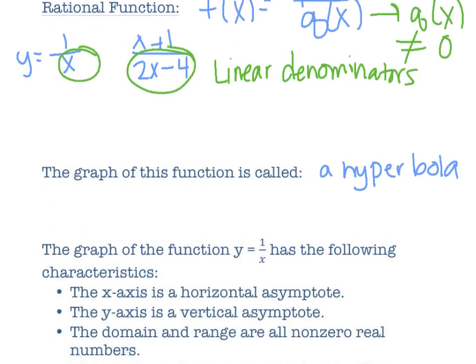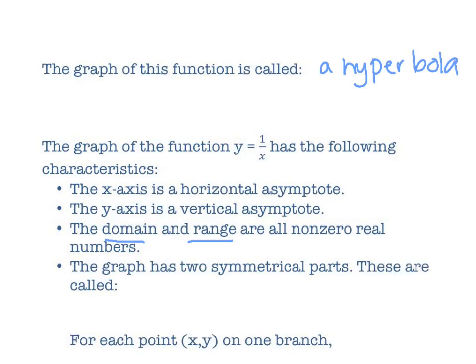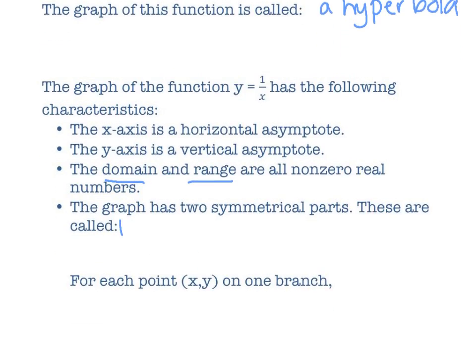And if we're just talking about that graph of y equals 1 over x without any kind of transformations, it has the following characteristics, and these are right on your notes. The x-axis is a horizontal asymptote, and the y-axis is a vertical asymptote. Also, the domain and the range are both all non-zero real numbers, and that's again until we start to do some transformations. And the graph has 2 symmetrical parts, and those 2 parts are called branches.